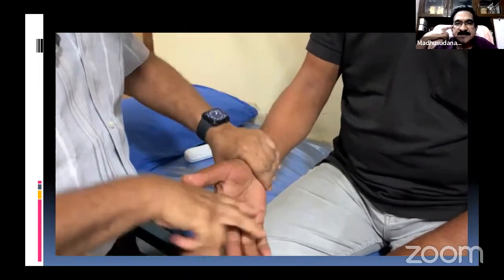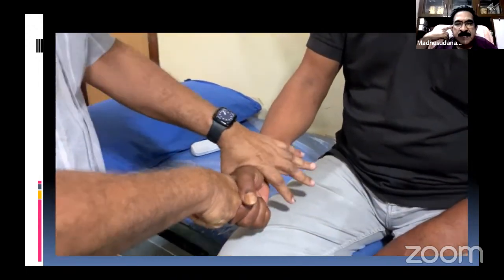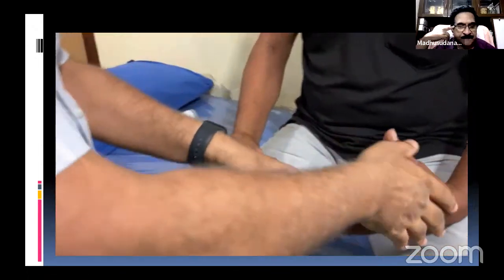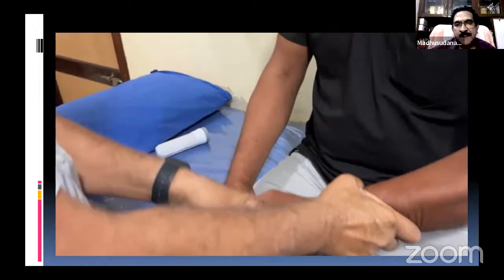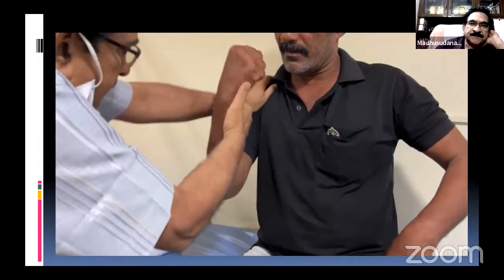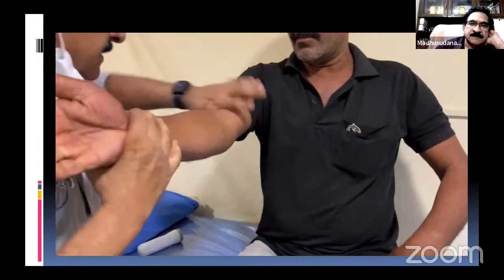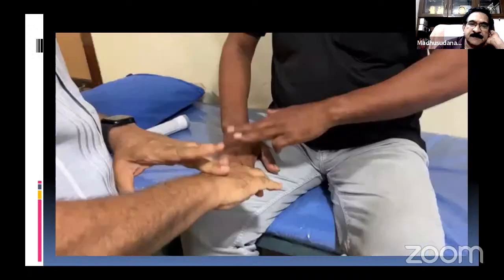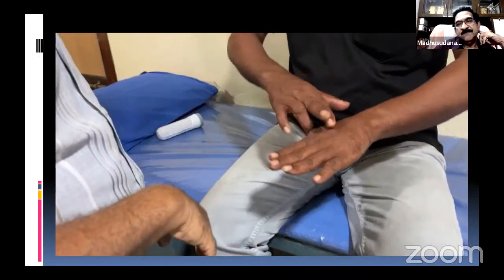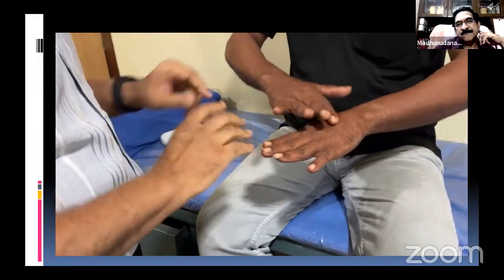There's also pronator spasticity, you can make it out. And it was mildly weak on the right side compared to the left side. Deltoid power was normal. Biceps also normal. Dexterity was okay with the right hand, not much of a problem, except mild slowness. There is no finger nose incoordination.